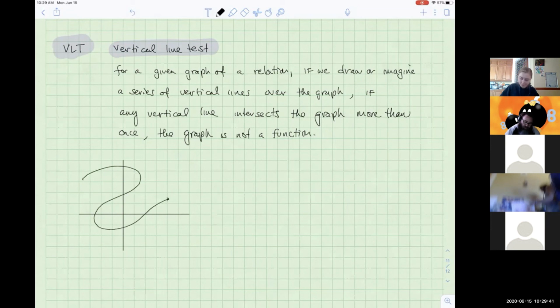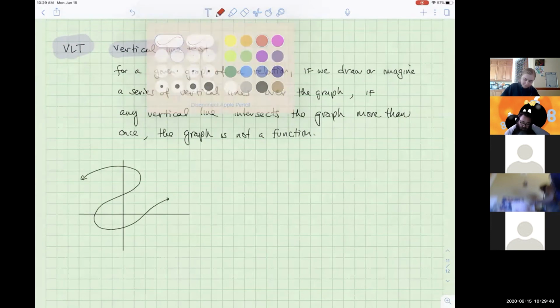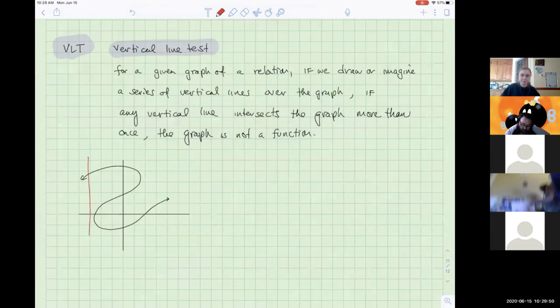of a relationship, oh, it's very smooth. This is our relationship. And I draw a series of vertical lines. Here's a vertical line. You say, well, that vertical line only touches the graph once. That's okay. But here's a vertical line that touches the graph or intersects the graph at 3 different spots.